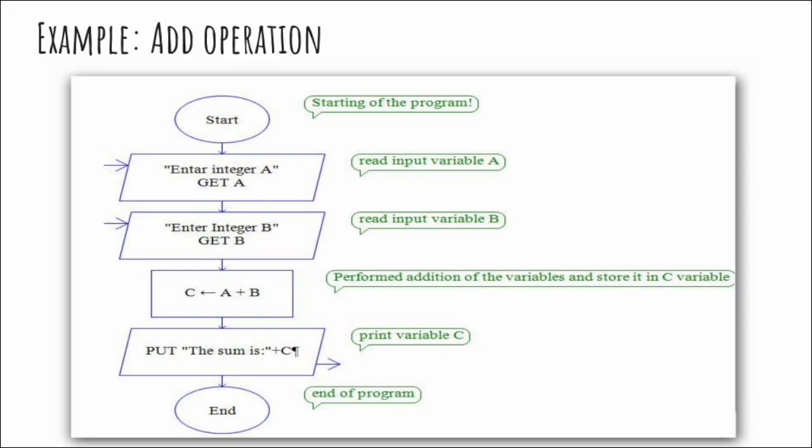To add two numbers and store it in a third number, or to add two variables and store it in a third variable. These are the sequence of steps. This is like a flow chart. All right. So you start. At the beginning of the program, you just start the program, and the first step is you take an input and store it in some variable A. You take an integer and store it in variable A, and then you take another integer.